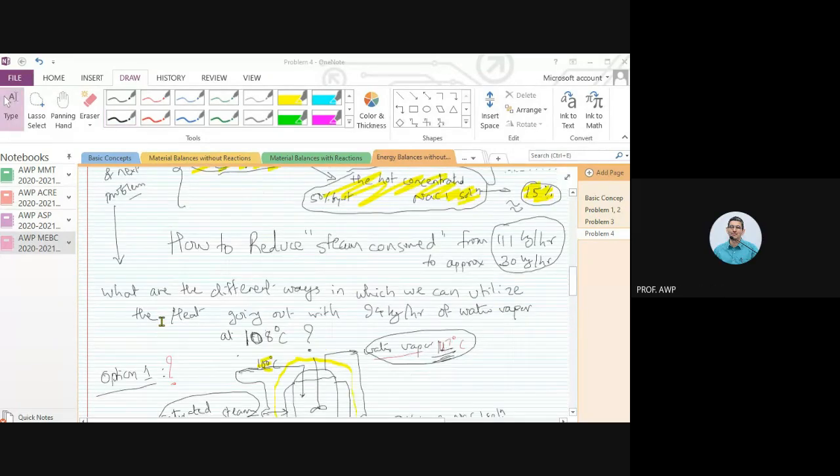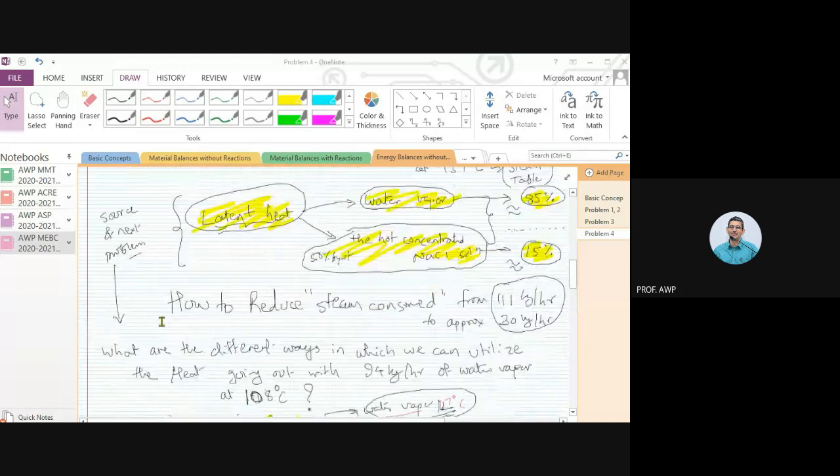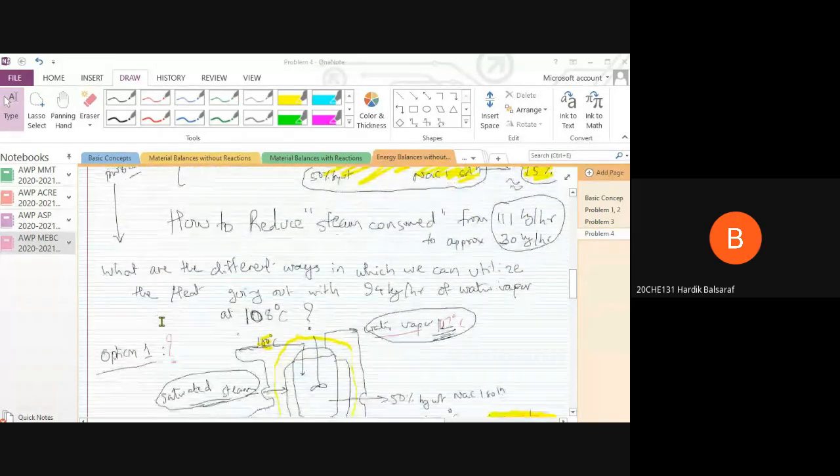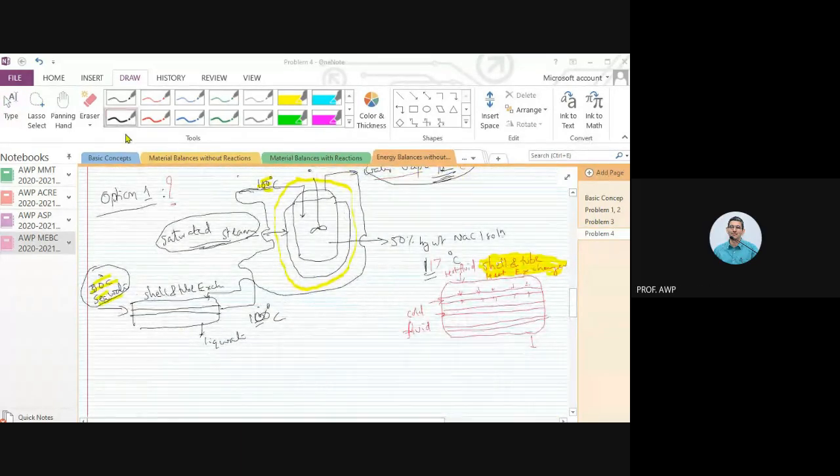Wasn't that our objective, to reduce it from 111 to 30? Yes, sir. Okay. So this becomes your homework problem. Can you find out the amount of steam required? And is it less than 111 or whatever that number was? Can it be reduced? To what extent has it been reduced?